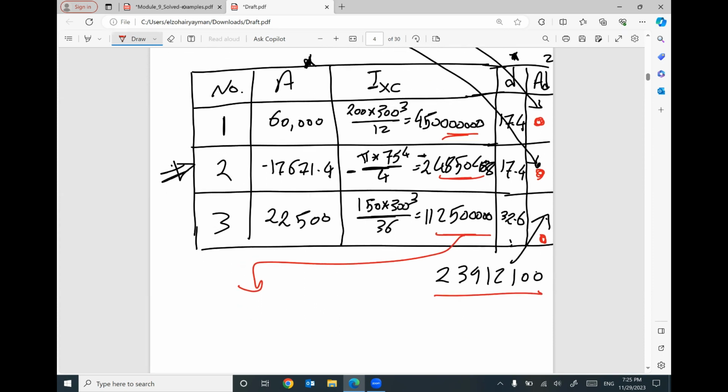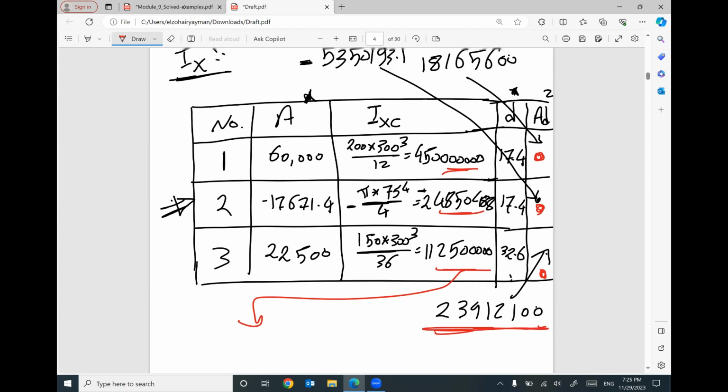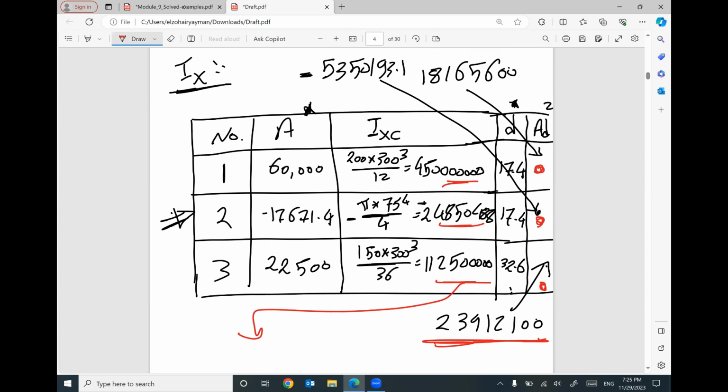So let's do the first one, this one. The summation here will be negative 5,350,193.1 plus 18,165,600, plus 23,912,100.